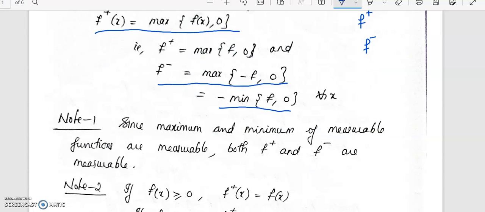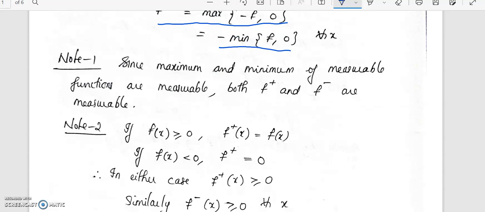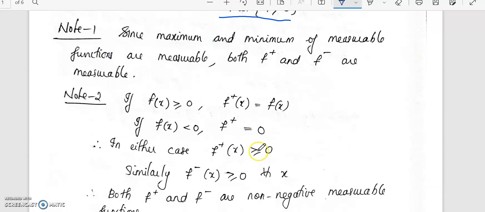So let us look at how to express a function using the positive part and negative part. The function can be expressed as a combination of positive and negative part. So consider the measurable function f. If f is greater than or equal to 0, f plus is the maximum of f and 0, and in that case the maximum will be equal to f.